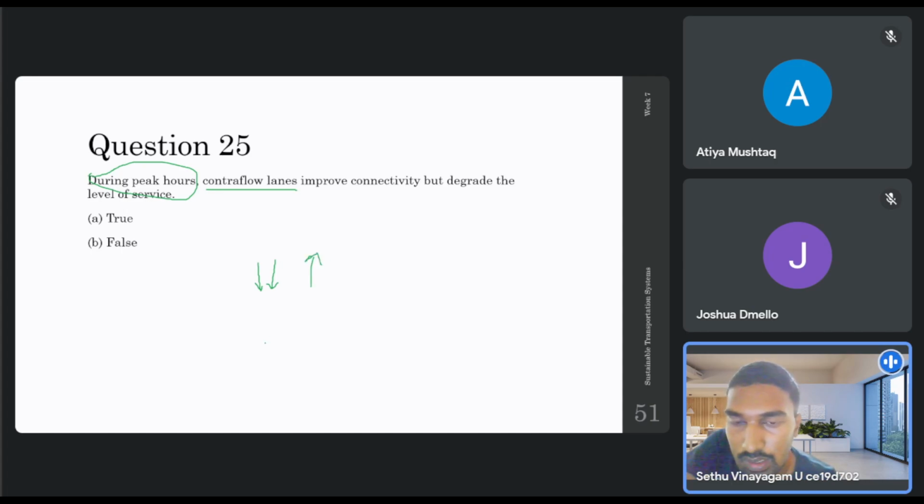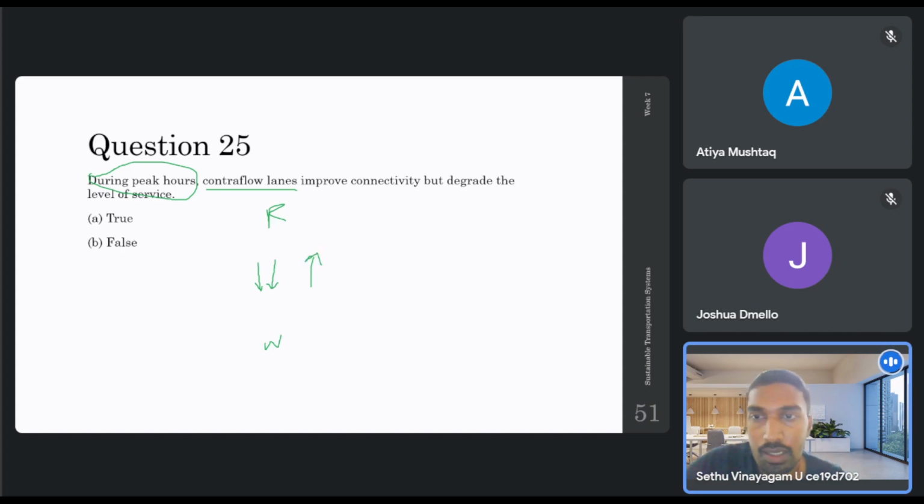Let us say the work zone is here and the residential zone is here. In the morning peak, people will be moving towards the work zone from the residential zone, and in the opposite direction there will be relatively less traffic. Whereas in the evening peak, the opposite will be true: more traffic from the work zone to the residential zone and less towards the work zone. So there is this imbalance in the directional flow.